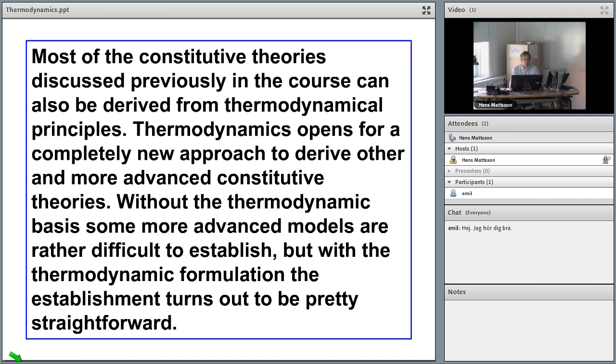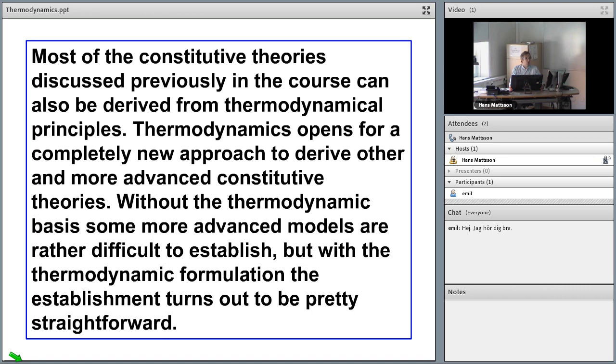Without the thermodynamic basis, some more advanced models are rather difficult to establish, but with the thermodynamic formulation, the establishment turns out to be pretty straightforward. So, for instance, models that are dealing with plasticity and damage at the same time, you could derive from thermodynamics, and it's not so easy the other way.